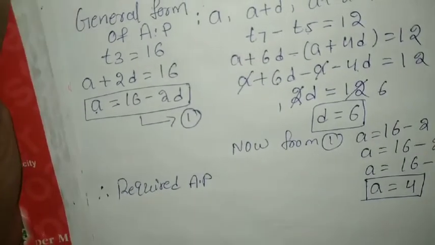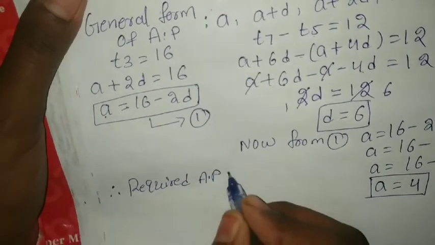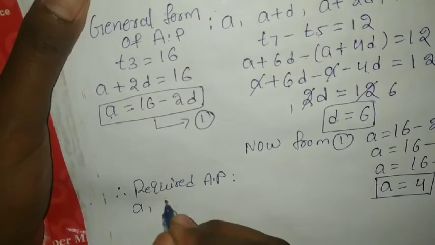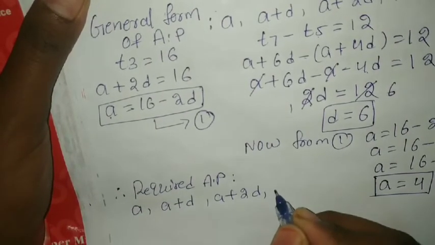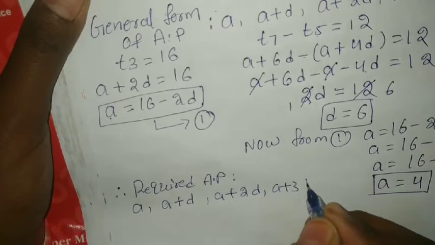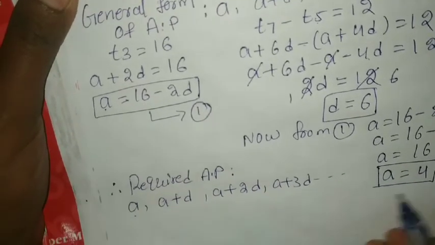So how can you write this? Hence, the required arithmetic progression. What is the form? a, a plus d, a plus 2d, a plus 3d, and so on. What is a here? a is 4.